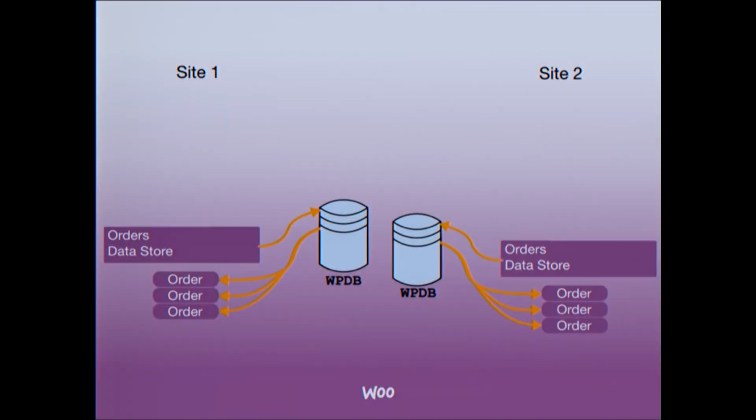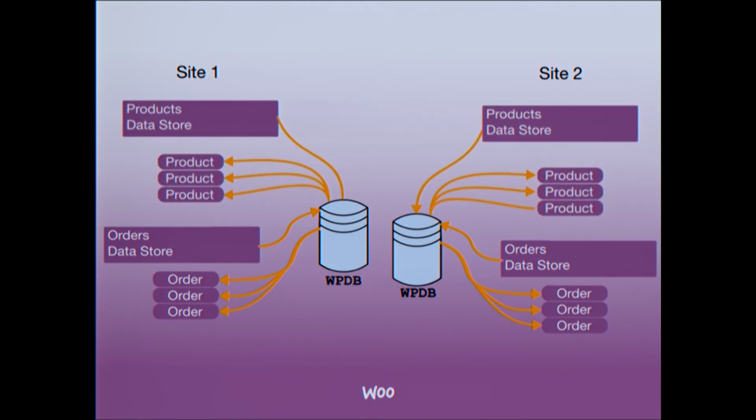So here we've got two different sites, and they look very similar. This is stuff that everybody who's worked with WooCommerce is pretty familiar with. You've got your orders data store, and it has your orders, and it stores those in the WordPress database. You've also got products. Same thing, right? Nothing new here.